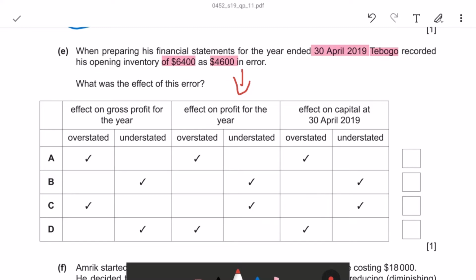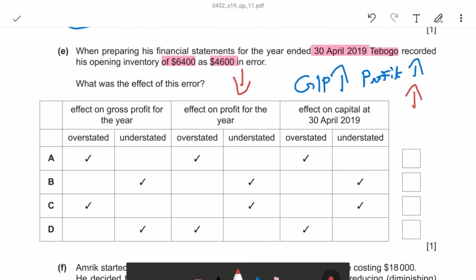What will be the effect? Effect on gross profit: when the cost is decreasing, the gross profit of the business will increase. When the gross profit increases, the profit of the business also will increase. When the profit increases, the total closing capital of the business also increases.